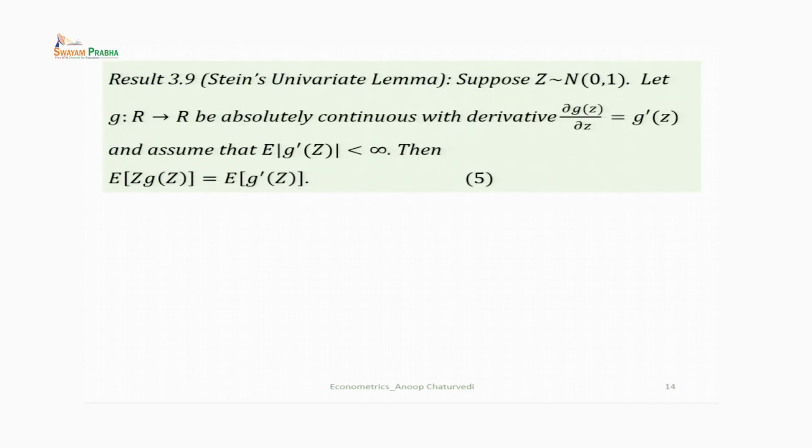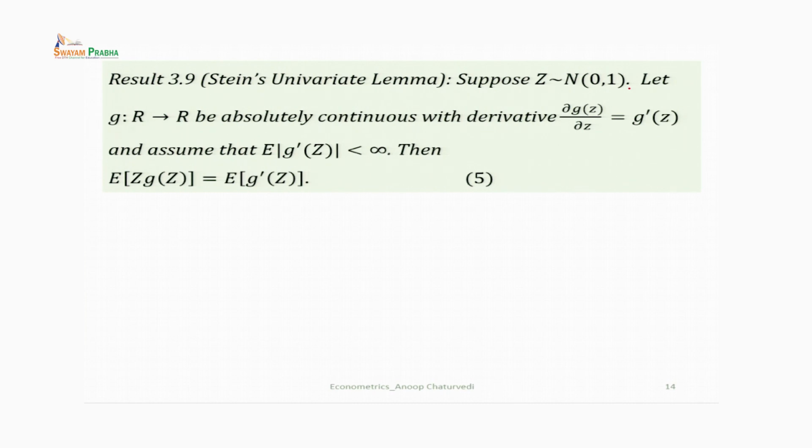Now, we consider some results which we will require in subsequent lectures. I will also prove all these results. So, result 3.9, which is also known as Stein's univariate lemma. Suppose Z is a standard normal variate.